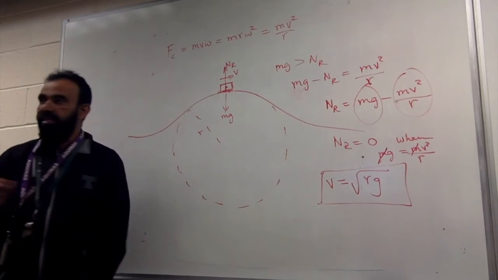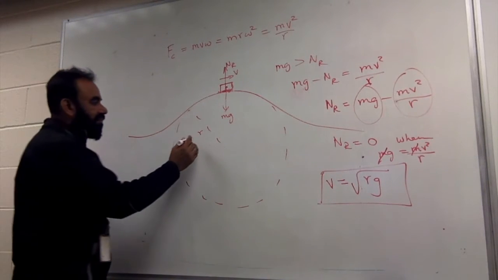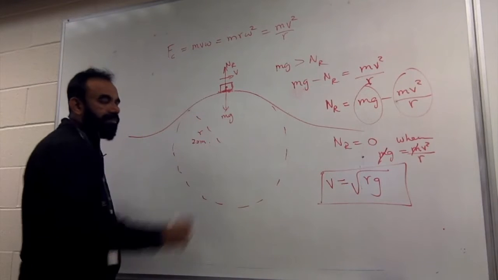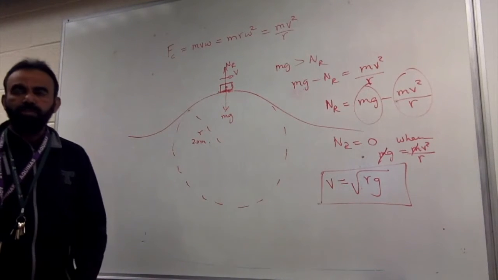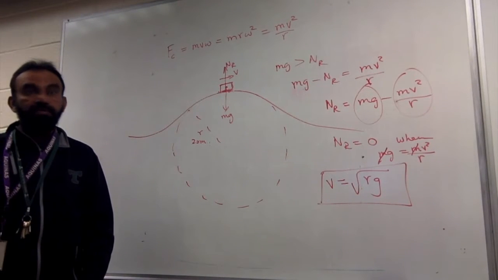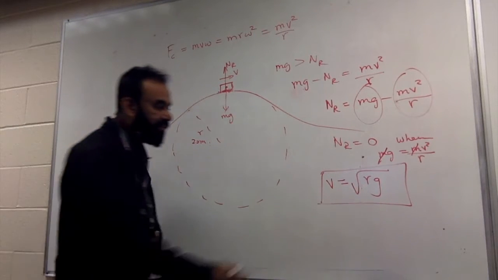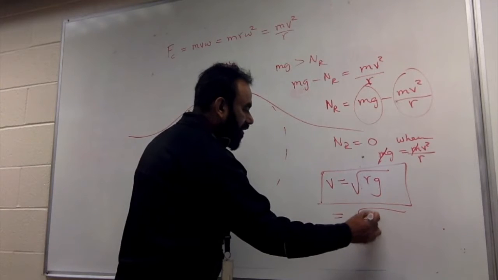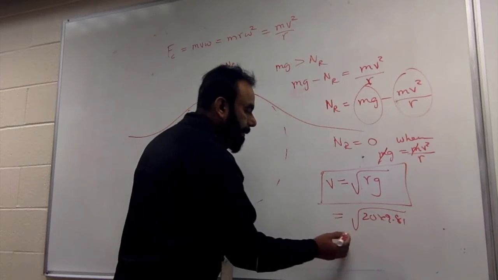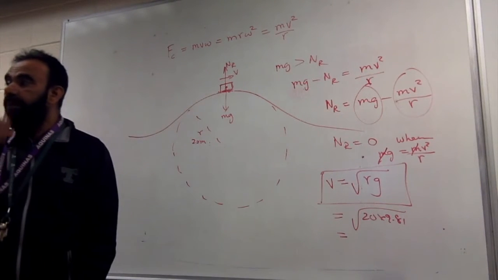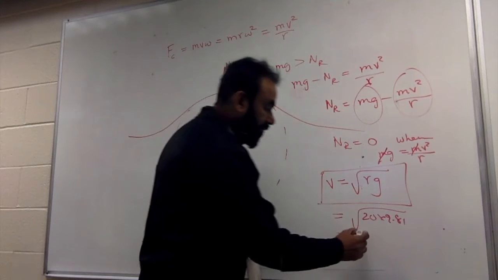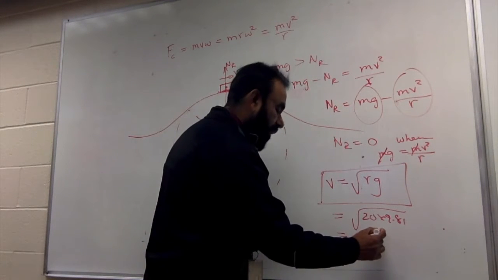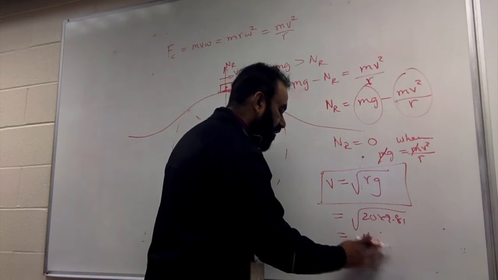If I give you a radius of, say, 20 meters, at what speed will you be airborne? Work it out. The square root of 20 times 9.8 is what? About 14 meters per second.